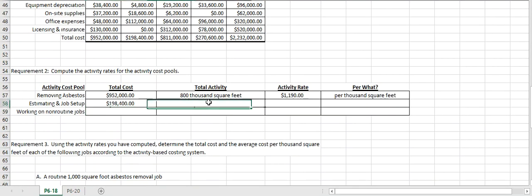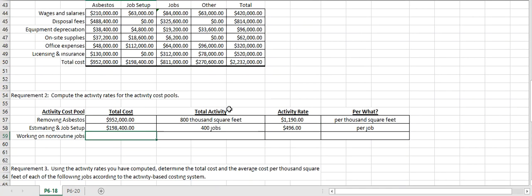So their activity is by the job on this one. 400 jobs is the total activity that they had. So we can calculate an amount per job. We take the 198,400 and divide it by the number of jobs. That gives us $496 per job.